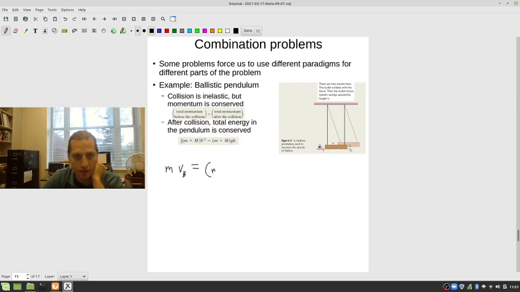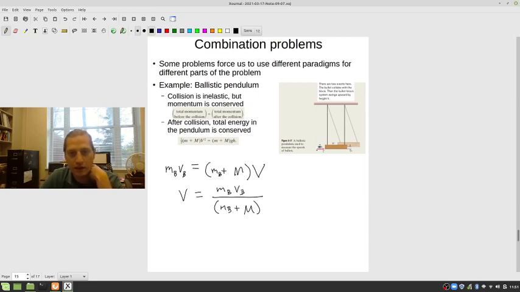So the total mass is going to be the mass of the bullet plus the mass of the block, times the v final. Okay, so that v final is going to be the mass of the bullet times the v of the bullet over the mass of the bullet plus the mass of the block. Okay, so you have some initial speed for that block.